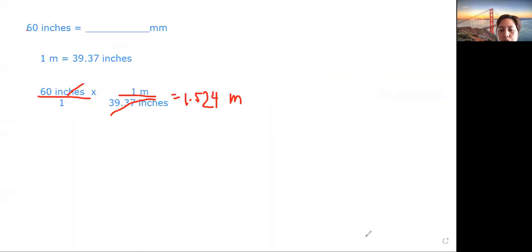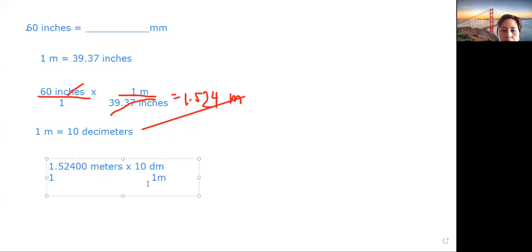So 1 meter is equal to 10 decimeters. So we will convert this now to decimeter. We have here 1.524 meters.